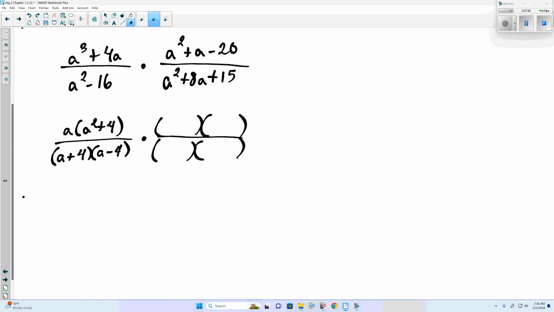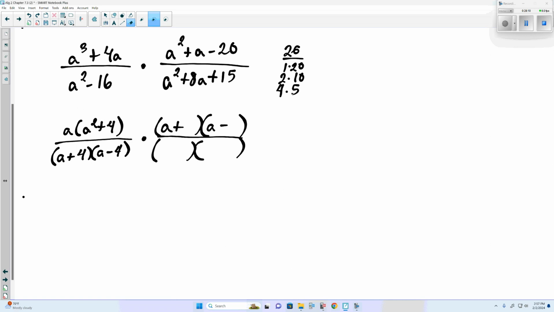Now we need to pick which one of these you want to factor first. A squared plus A minus 20, or A squared plus 8A plus 15. A squared plus A minus 20: since the third term is negative, our signs are opposite. Factors of A squared are A and A. Factors of 20: 1 and 20, 2 and 10, 4 and 5.